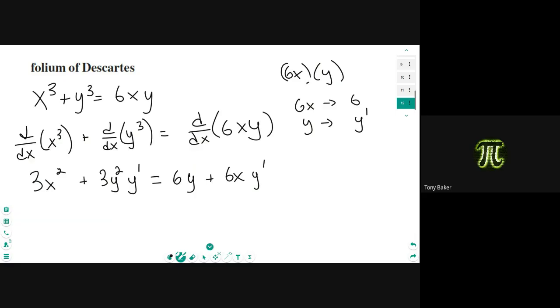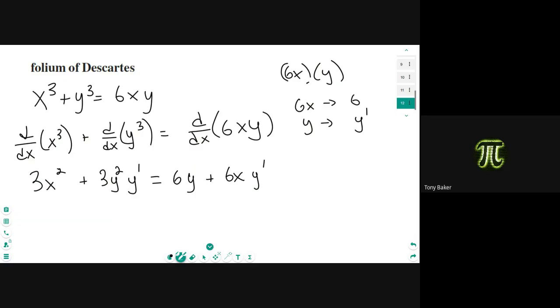So how can I solve for y prime? This is where that algebra comes back into play. I know it sounds like, oh my God, this is a calculus problem. We've done the calculus.